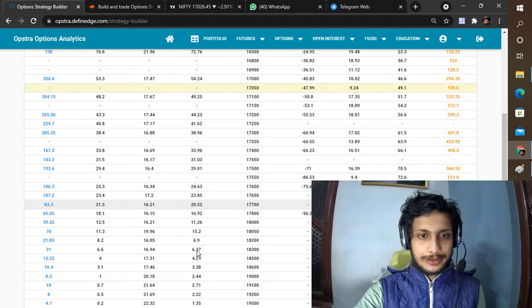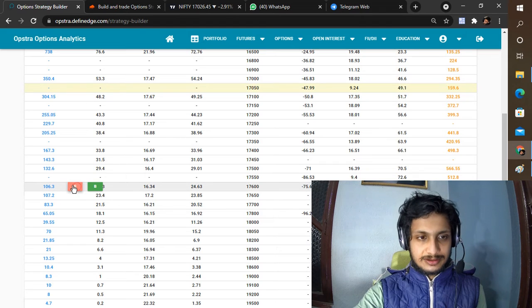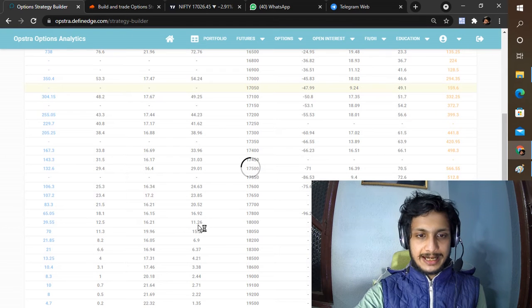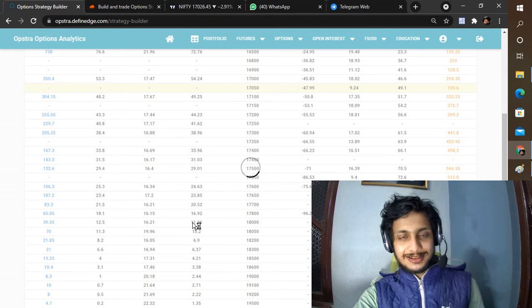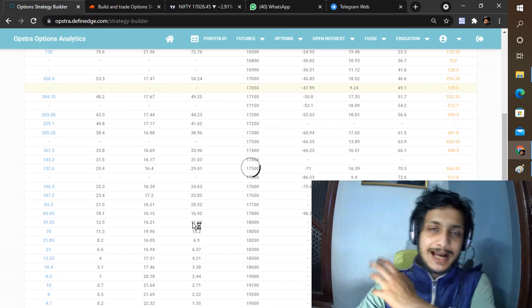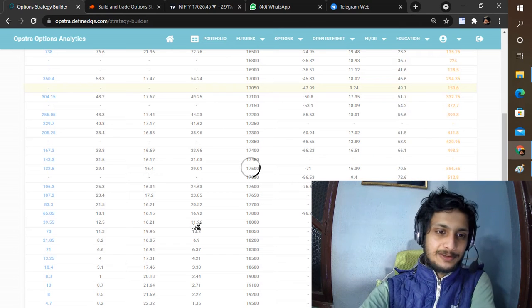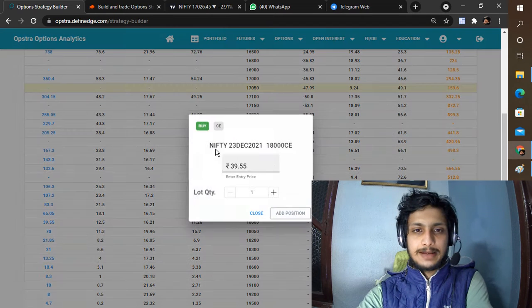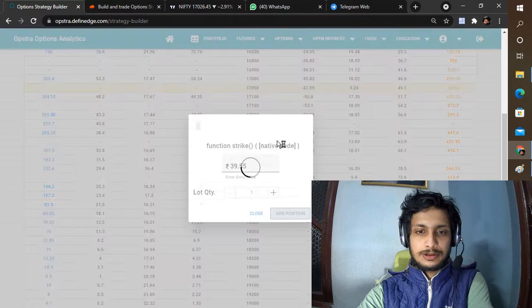So where is the 20 delta call? The 17,600 call. Okay, fine. This is the 20 delta call that I am going to sell, and 18,000 is the 10 delta call that I am going to buy in order to hedge my position.